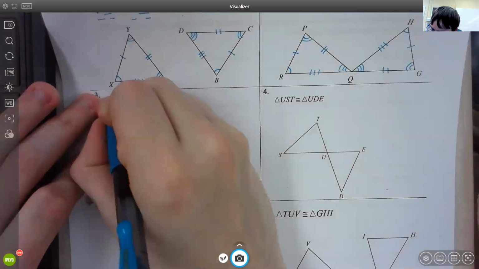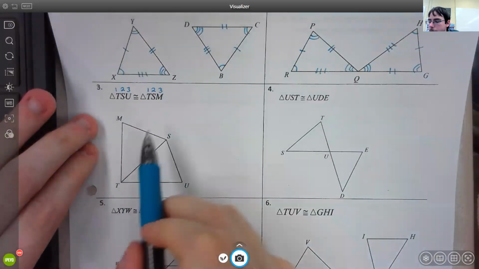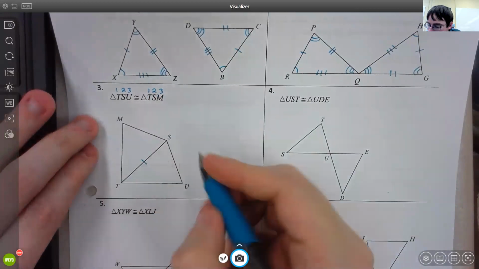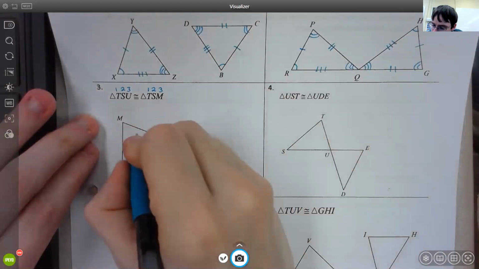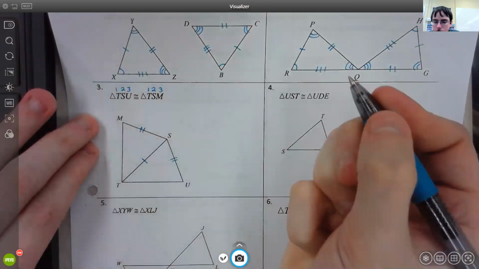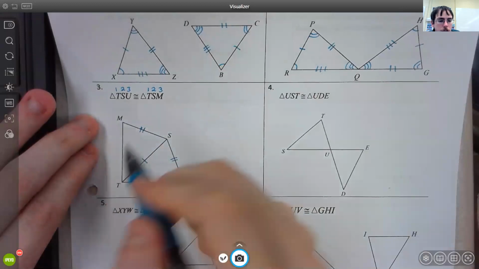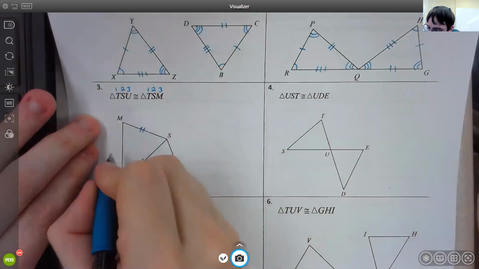Well, then if I look here, I have SU, which is here, and then SM, which is here. And then 1 and 3, we have T and U, so TU, which is here, and then TM here.